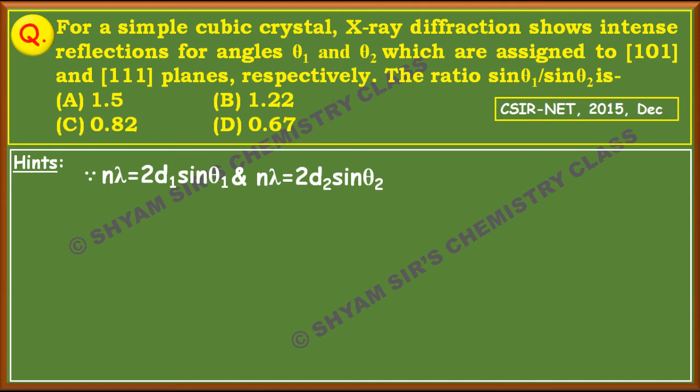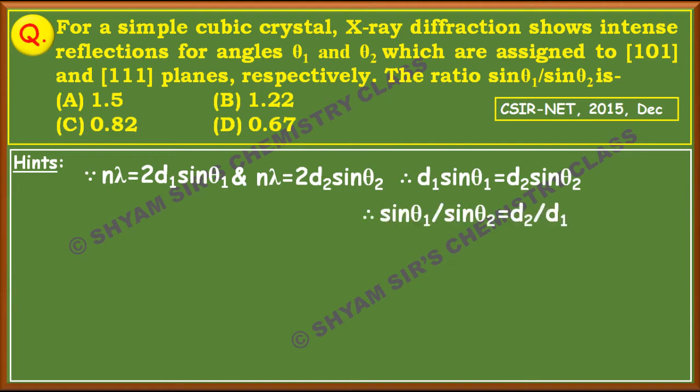Here d1 and d2, because the interplanar distance d changes with respect to theta. So for theta 1 the interplanar distance is d1, and for theta 2 the interplanar distance is d2. Now if you equate these two equations, you get d1 sin theta 1 equal to d2 sin theta 2. Therefore the ratio sin theta 1 by sin theta 2 will be d2 by d1.